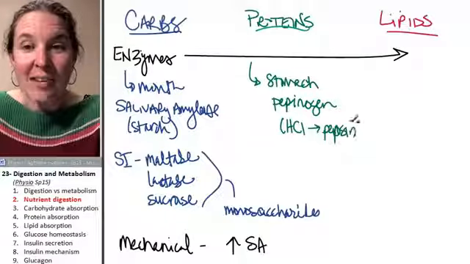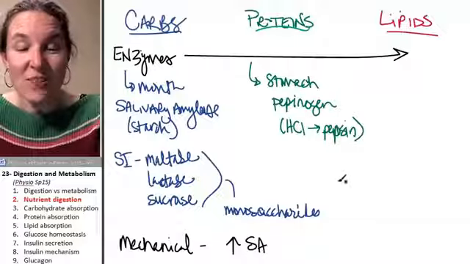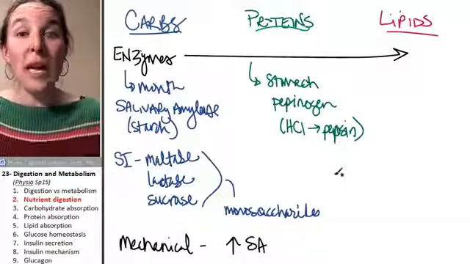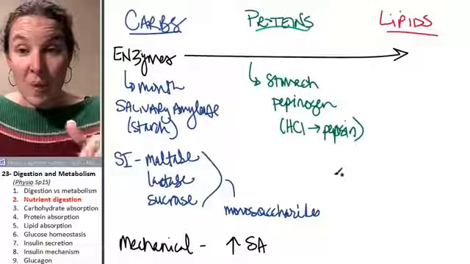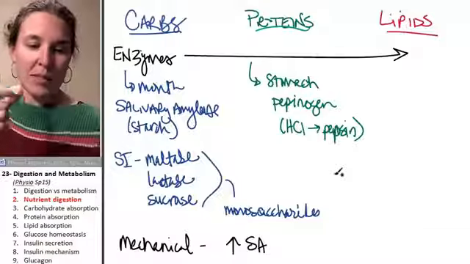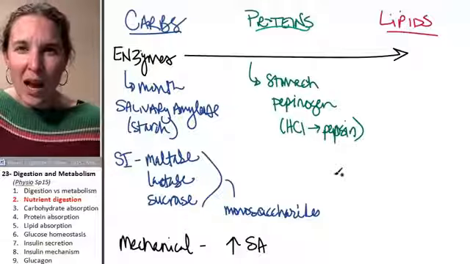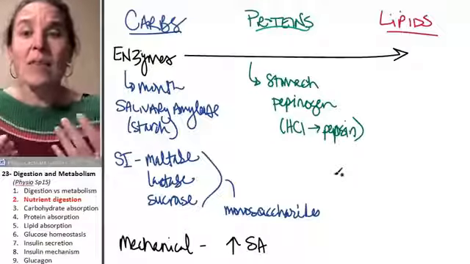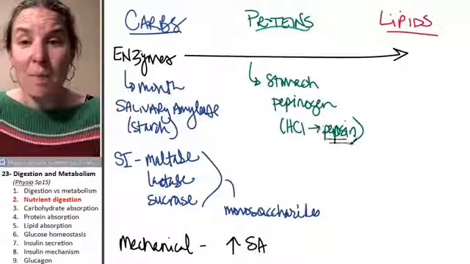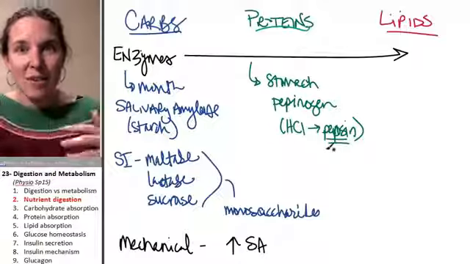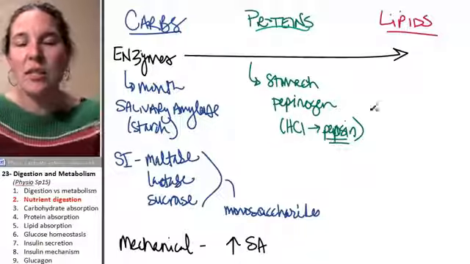Pepsin is the active protein digester. So the low pH of the stomach will actually denature the proteins and fold them in a way that makes them spread out a little bit more. So then the active protein enzyme pepsin can come in and cleave the proteins into smaller chunks.